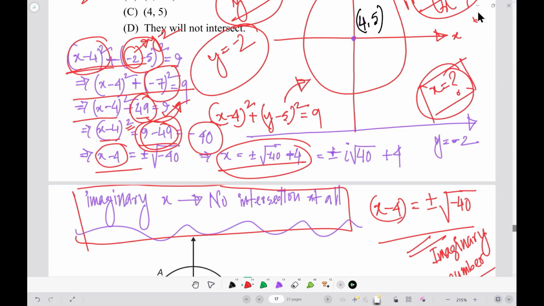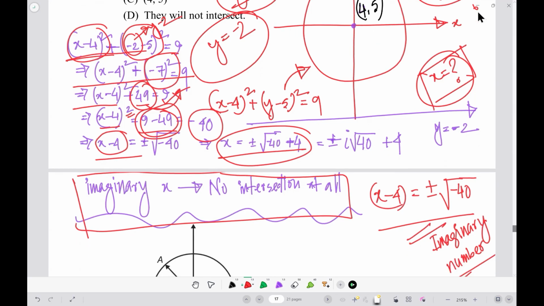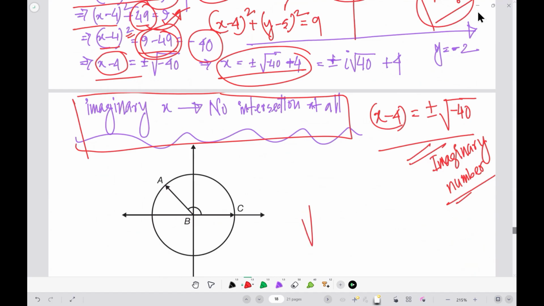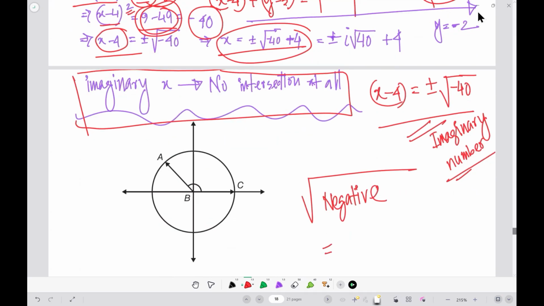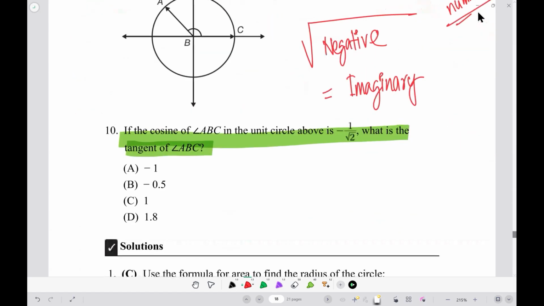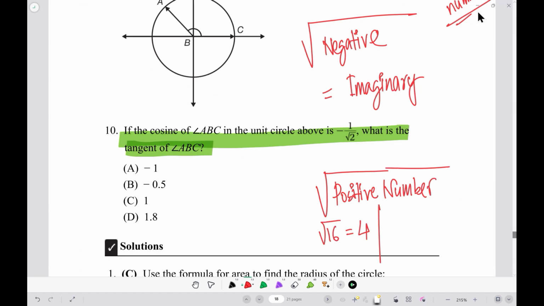This has a negative number inside the root, and this is going to produce an imaginary number, because we can solve the root for any positive number. For example, the root of 16 is 4, the root of 25 is 5, the root of 49 is 7.